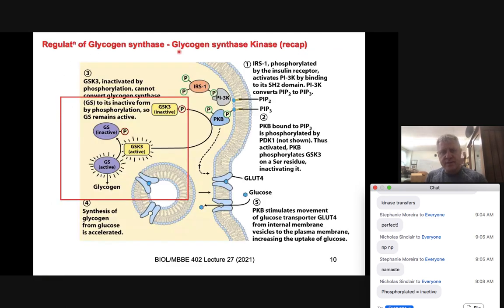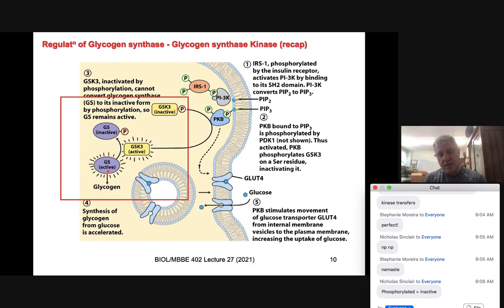So we've seen this picture before. Here we have the insulin receptor substrate 1, the protein kinase B, importantly the inactivation by phosphorylation of the glycogen synthase kinase 3 and its role importantly in the regulation of the glycogen synthase.